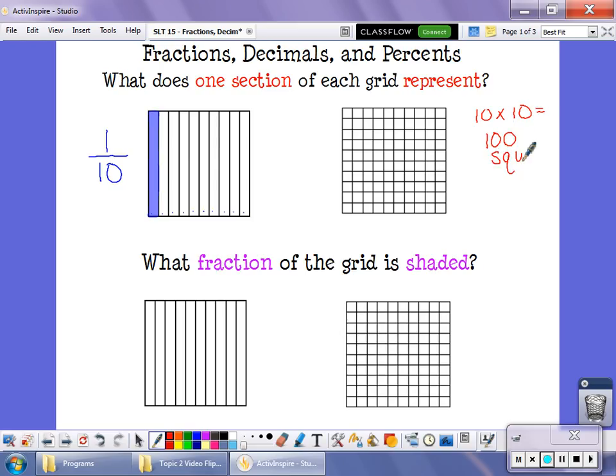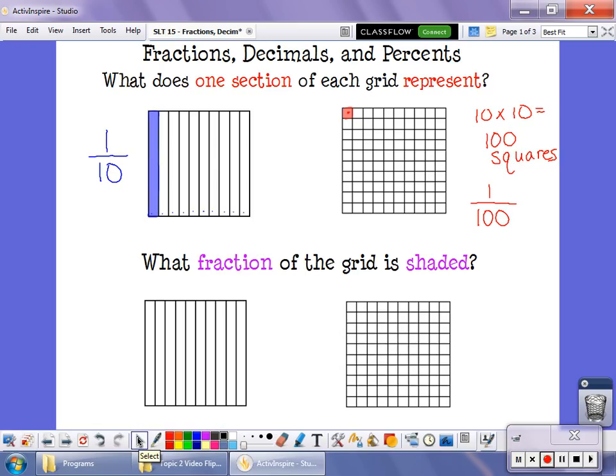That's important for us to know because when it comes to figuring out what each section represents, I need to know how many total sections I have. So one section of my grid looks like this. Again, that's 1 out of 100 total pieces. So one section of this grid is 1 out of 100 pieces. And over here we have 1/10.